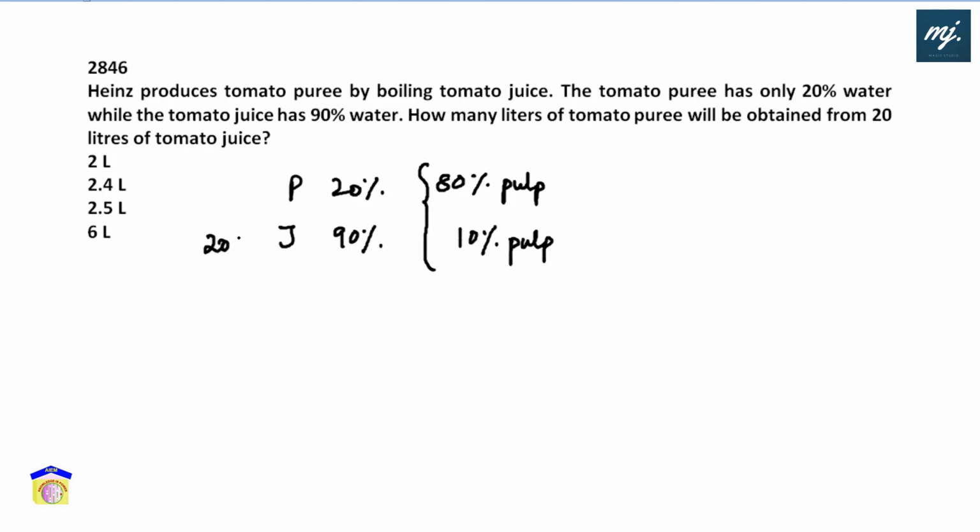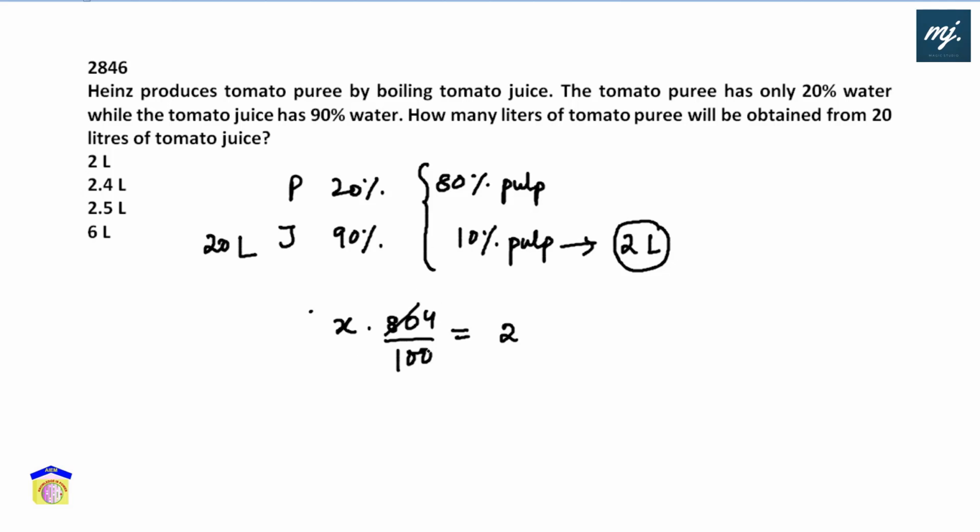Suppose we have 20 liters of tomato juice. The pulp here is 10% of 20 liters, that is 2 liters. Now, what would be the volume of the puree if 80% of that equals 2 liters? Let X liters be the volume of tomato puree. 80% of that equals the 2 liters of pulp that we get from the juice.